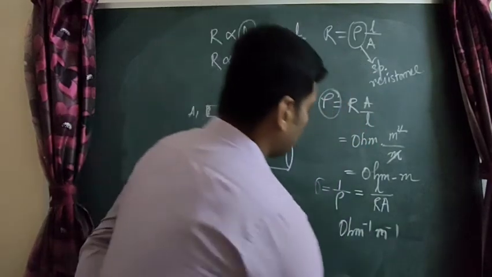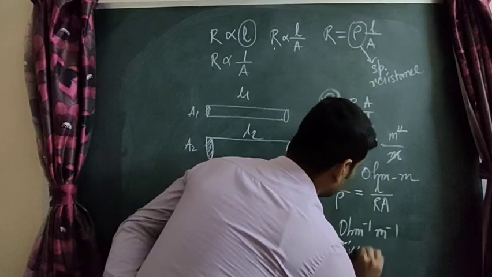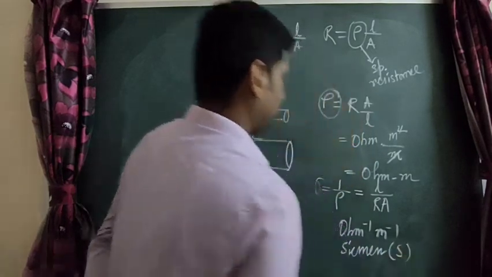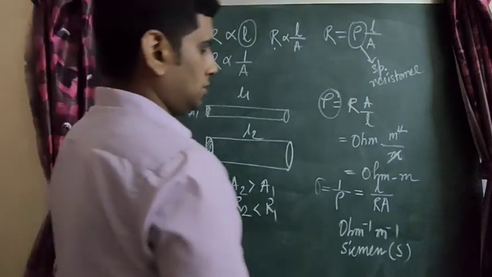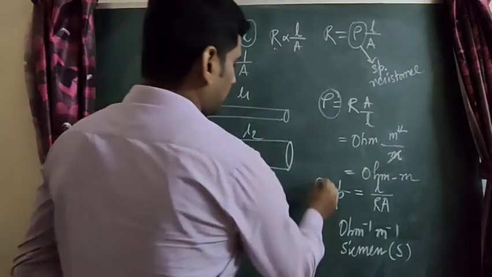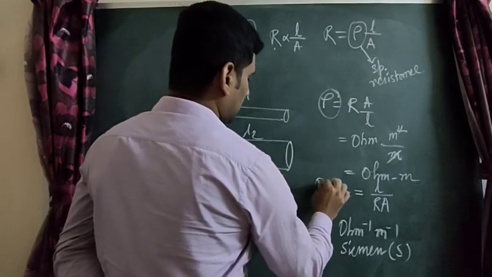Also this is known as Siemens. So this is the unit of specific resistance and conductance.